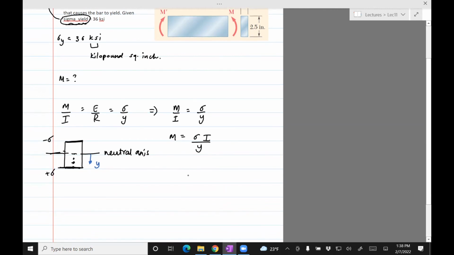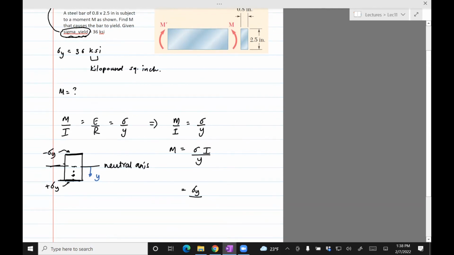So we'll say sigma is sigma y, because that's going to have the highest stress. Secondly, Y is the maximum distance from the neutral axis.